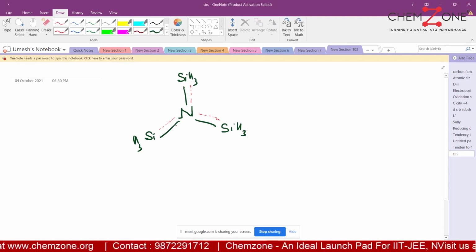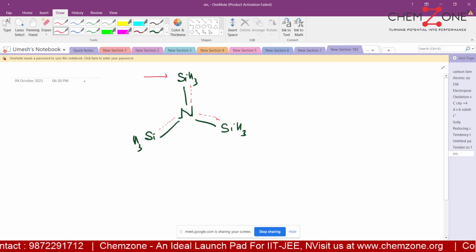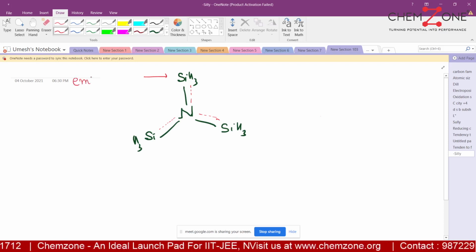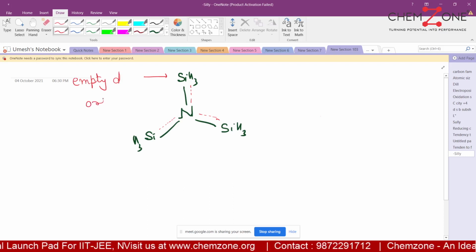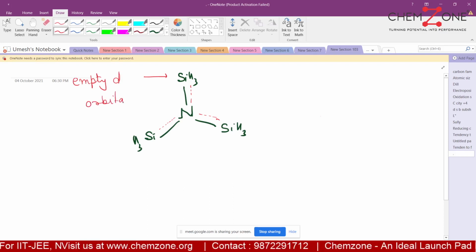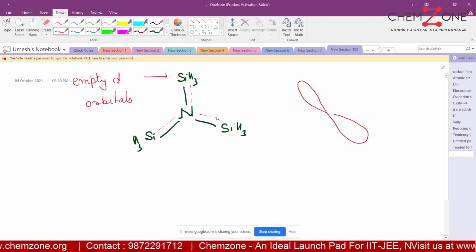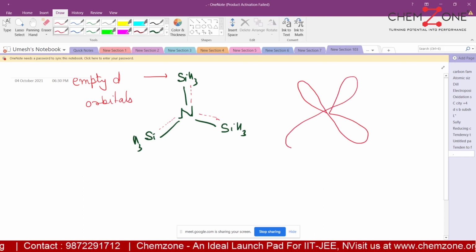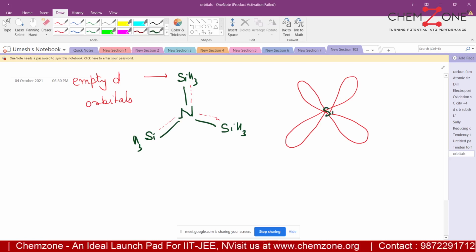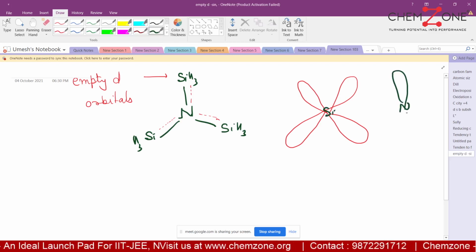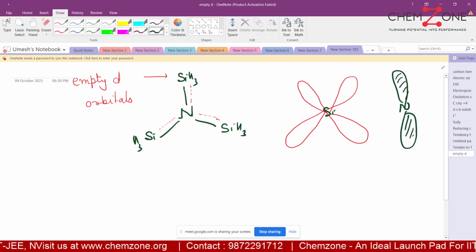Now here, what happens? How is the double bond formed? Silicon has empty d orbitals, and nitrogen has a p orbital that is filled with the lone pair.